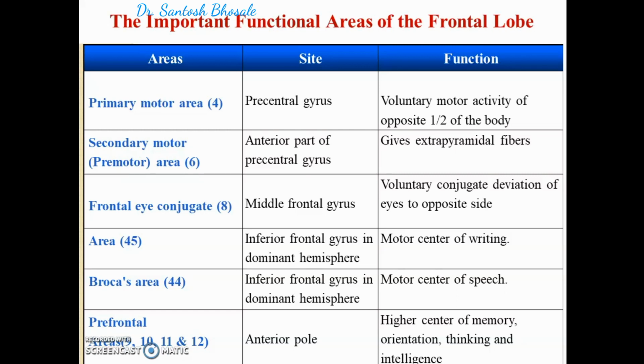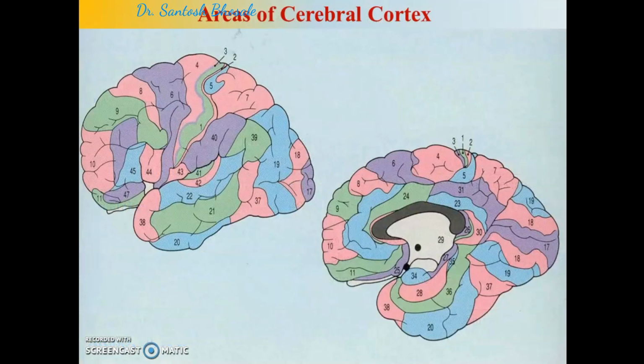So the frontal lobe is predominantly motor, and you will see these different areas in the frontal lobe. So remember the primary motor area number 4, then the secondary motor area 6, frontal conjugate area number 8, and 9, 10, 11, 12 concerned with the limbic system.